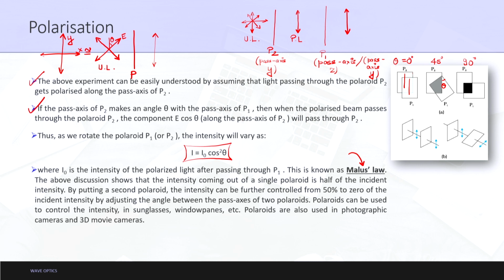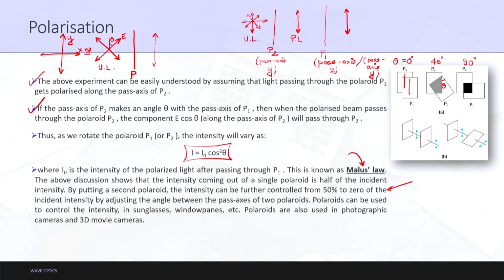The above discussion shows that the intensity coming out of a single Polaroid is half of the incident intensity. This was explained in the previous concept, that whenever unpolarized light passes through a Polaroid, the polarized light will have an intensity which is half of the previous intensity. By putting a second Polaroid, the intensity can be further controlled from 50% to 0. As I already explained, when we pass the polarized light through two Polaroids, the intensity can vary from 0 to 50%.